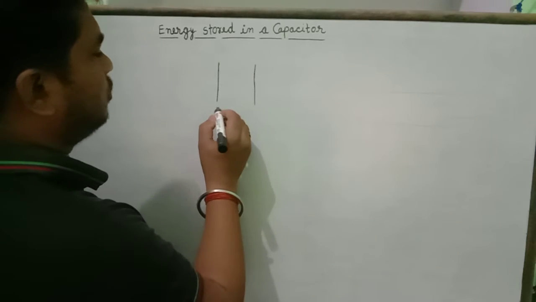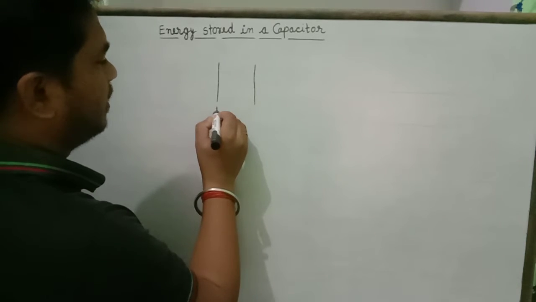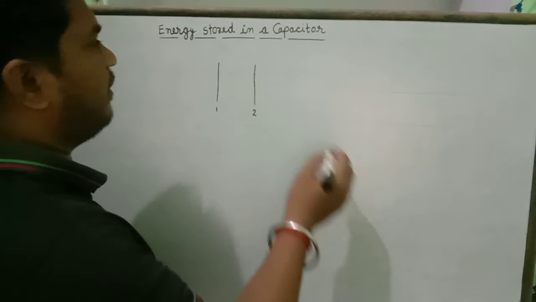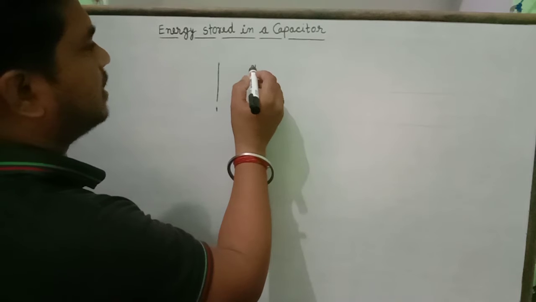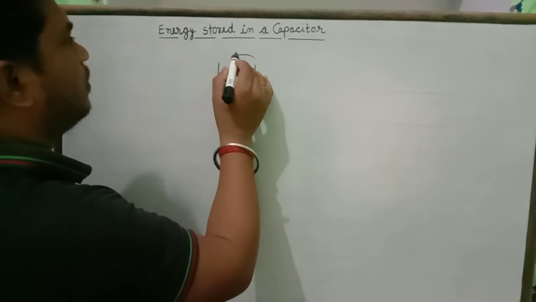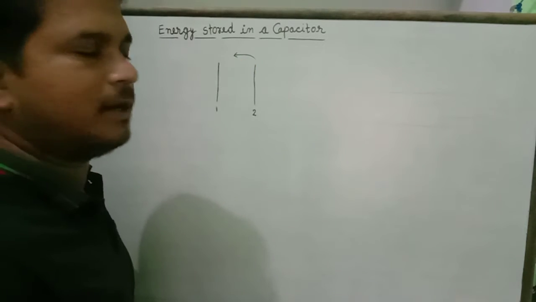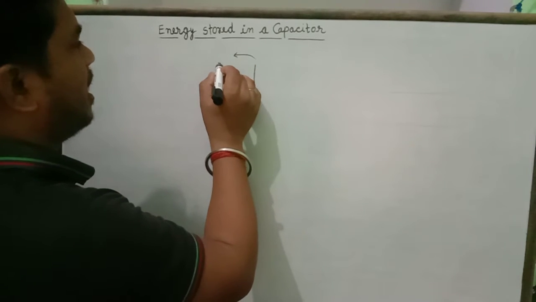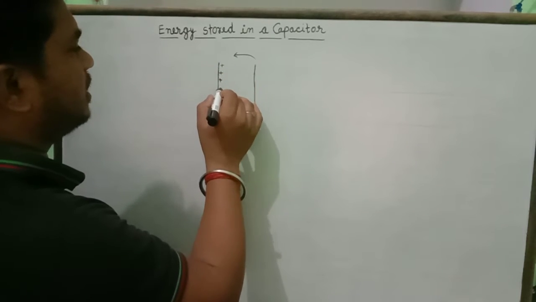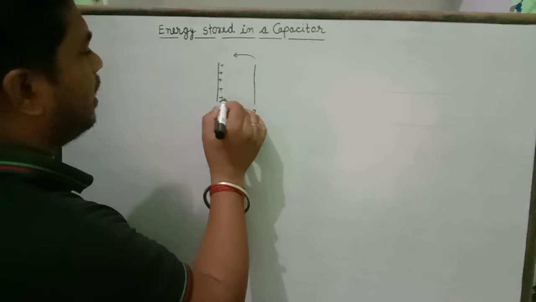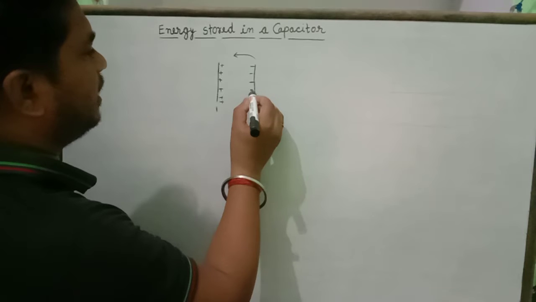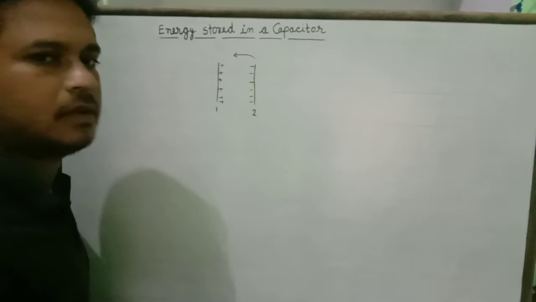Suppose the two conductors, conductor 1 and 2, are uncharged. If the charge is transferred from conductor 2 to conductor 1, then after some time conductor 1 becomes positive and conductor 2 becomes negative.